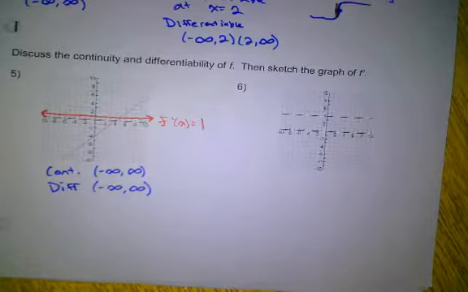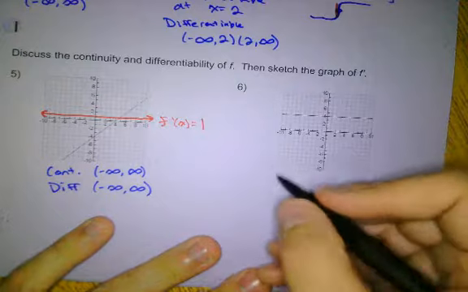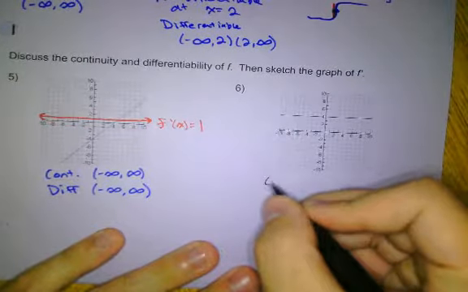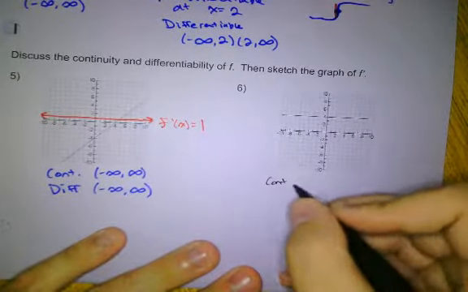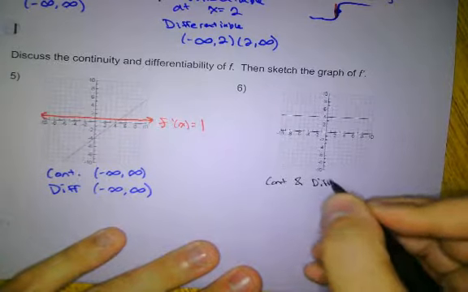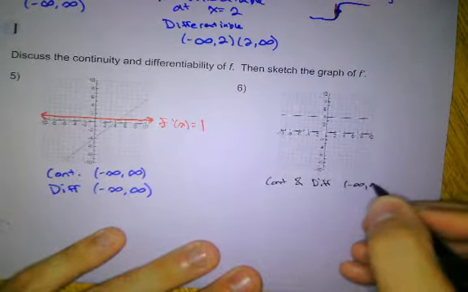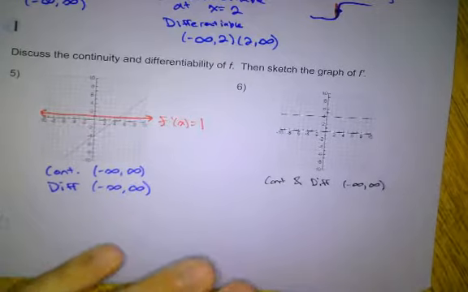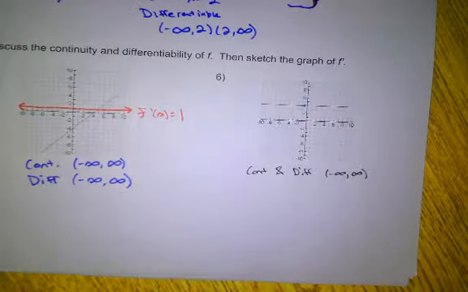Number 6. Is this one differentiable? And is it continuous? So it's continuous. I'm just getting lazier now. It's differentiable from negative infinity to infinity. Is the slope the same all the way throughout? What is the slope? 0.